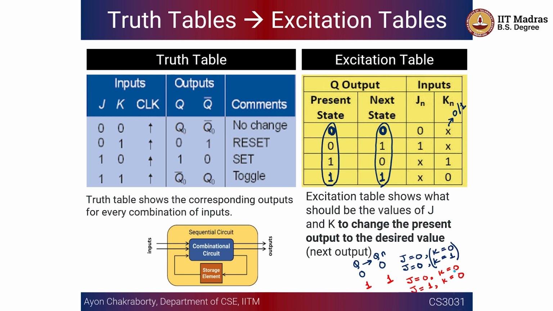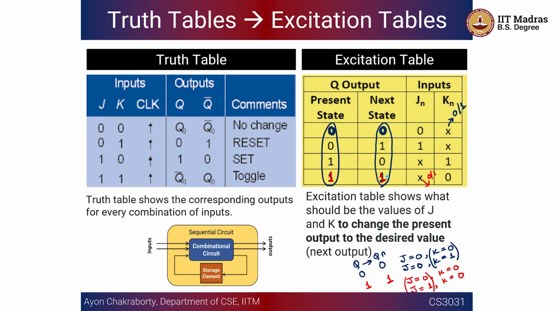Okay, so this is also going to set the value of q to 1. So in that case, as you can see, j becomes the don't care, where j is either 0 or 1, both are fine, but k has to be 0, right? So this is your 1 to 1.